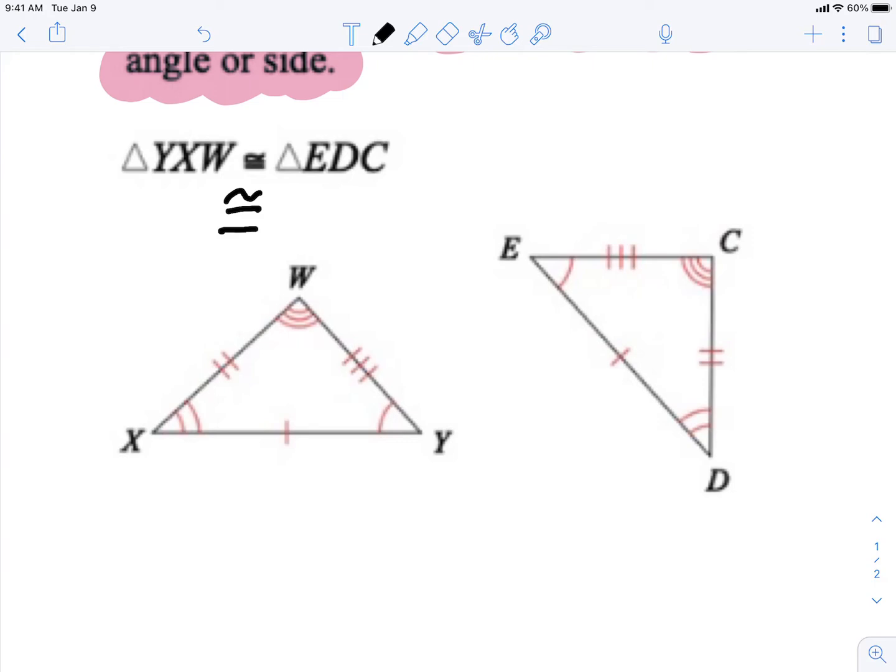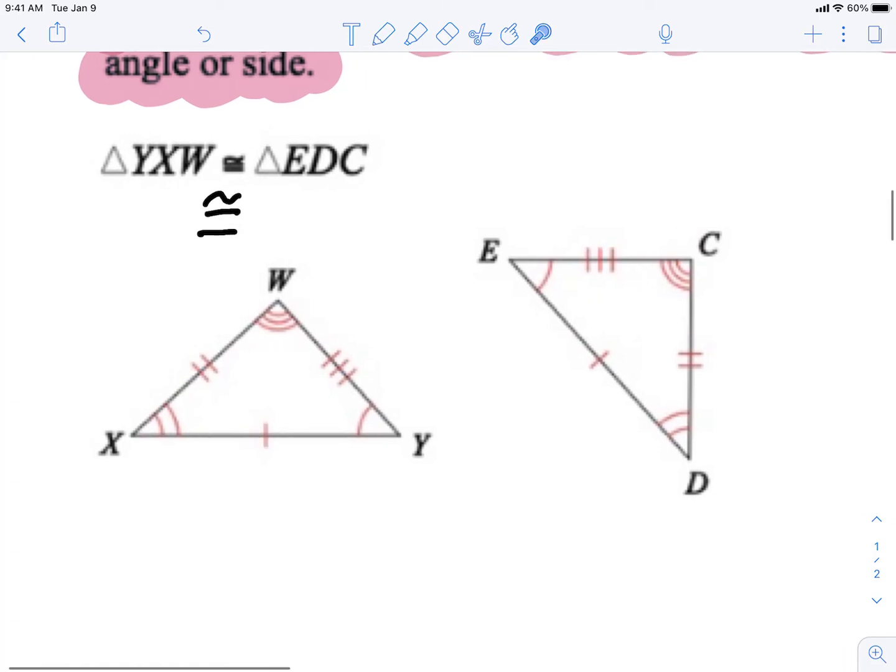So triangle YXW is congruent to triangle EDC. If the whole triangles are congruent, that means that the parts are congruent as well.